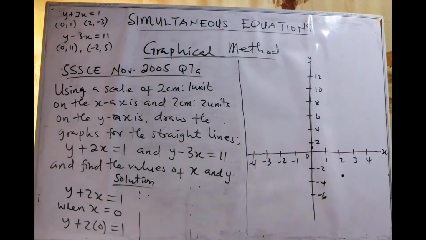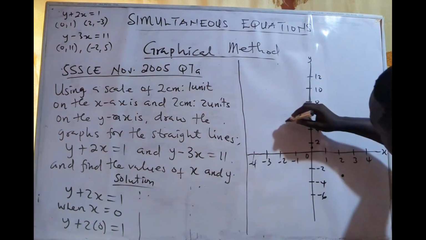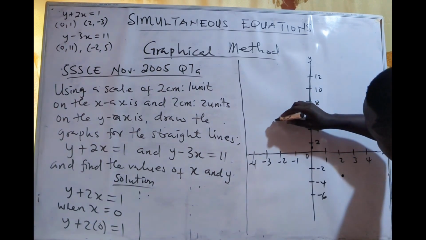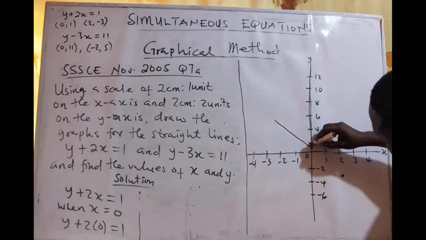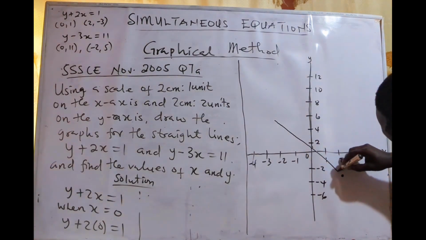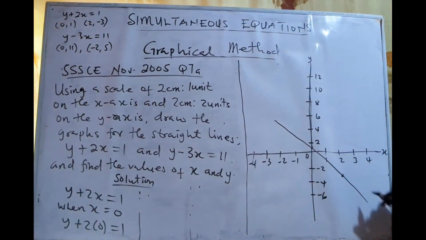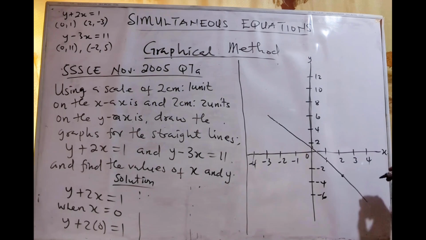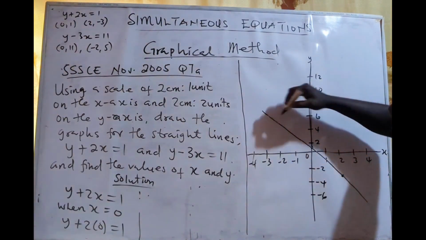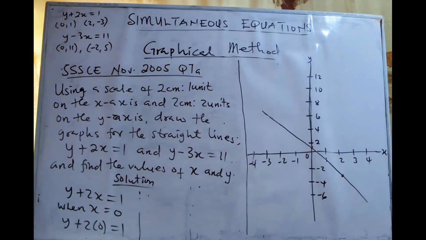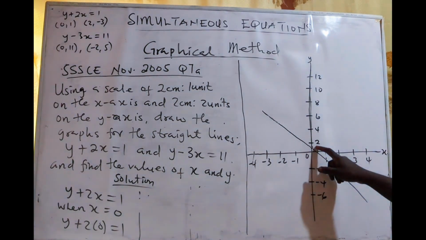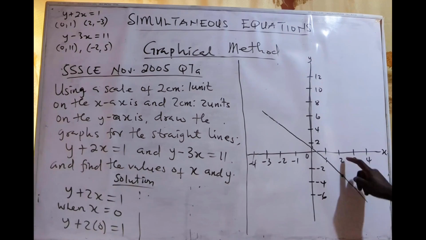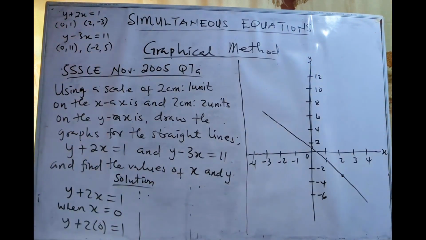Alright, so what we'll do is draw a straight line to pass through. You can extend this a little, so that we have our 0, 1, which is here, and then 2, -3, which is also here.